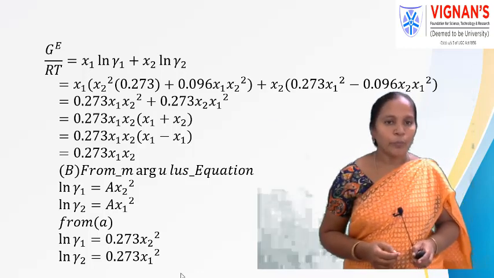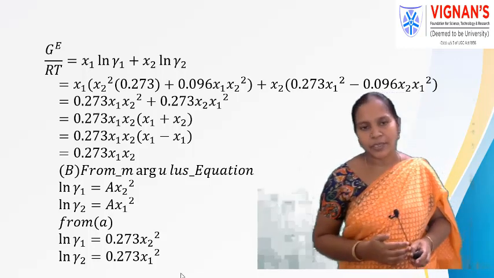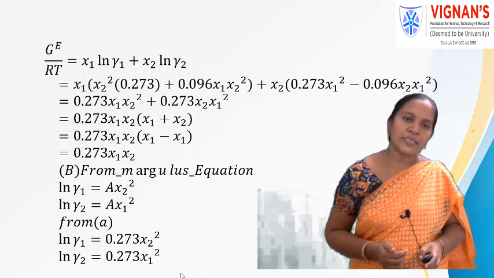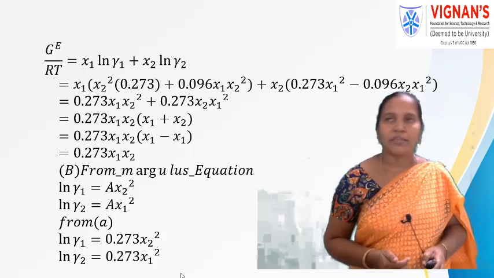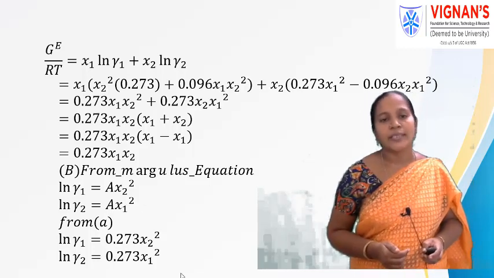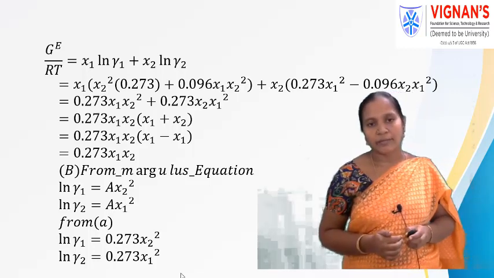Now coming to B bit. Here we have to derive the expressions for ln gamma 1 and ln gamma 2. In the previous class we discussed the Margules equations. That is, ln gamma 1 is equal to A x2 square, ln gamma 2 is equal to A x1 square.